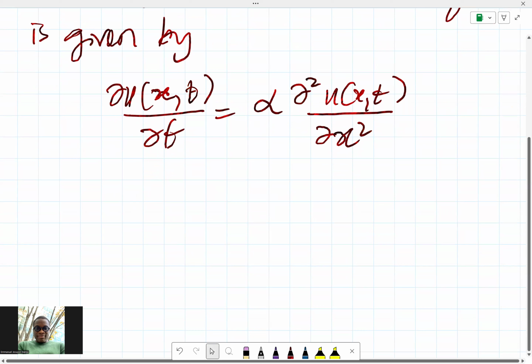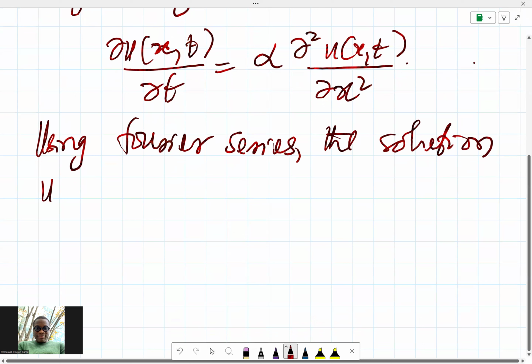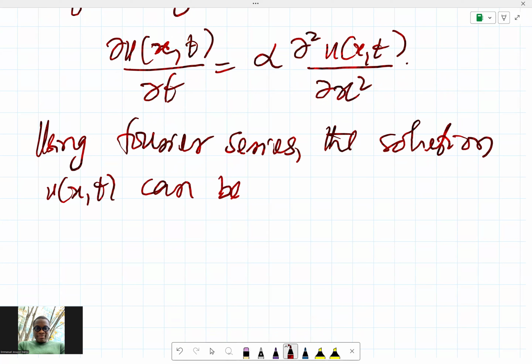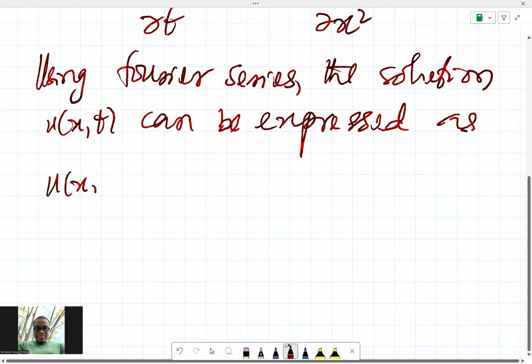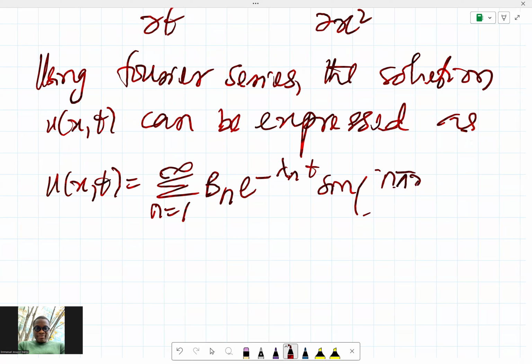Using Fourier series, the solution, here we are looking for u, the solution u of x comma t, can be expressed as u of x comma t equals the summation from n equals 1 to infinity of b n e raised to minus lambda n t, then sine n pi x over the length.